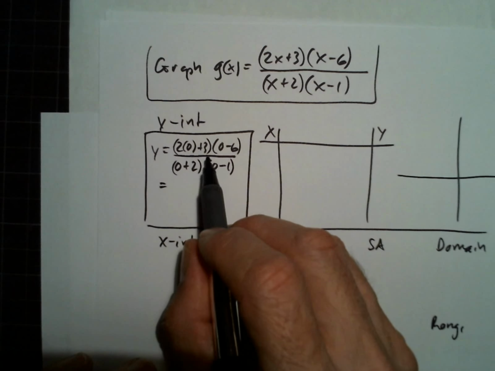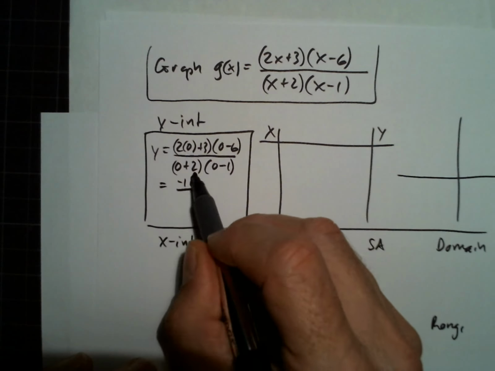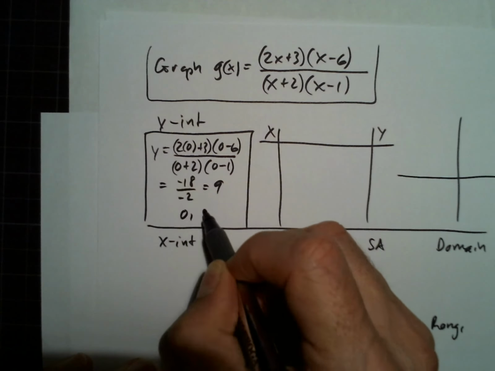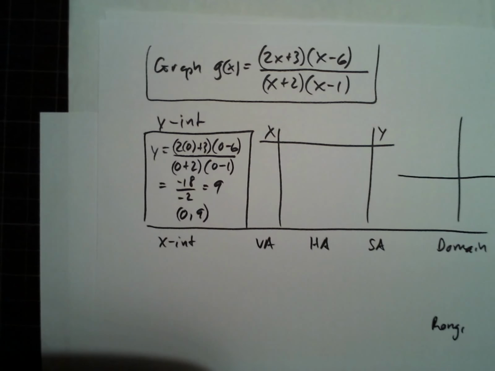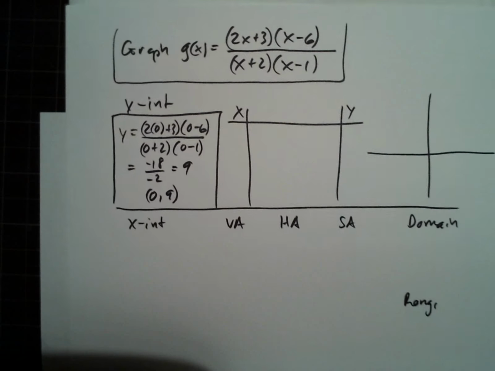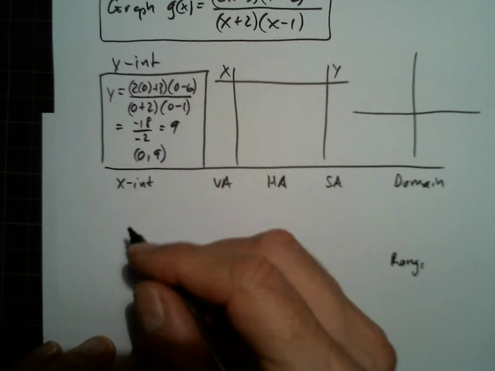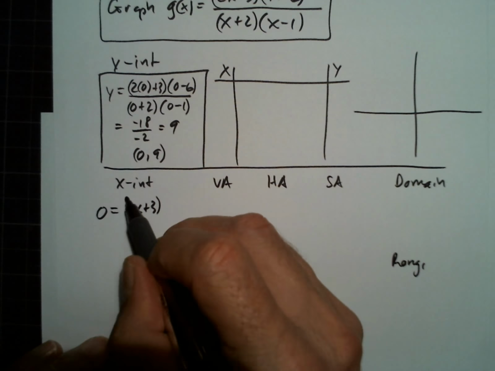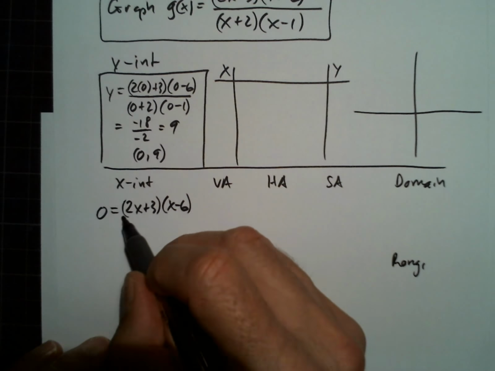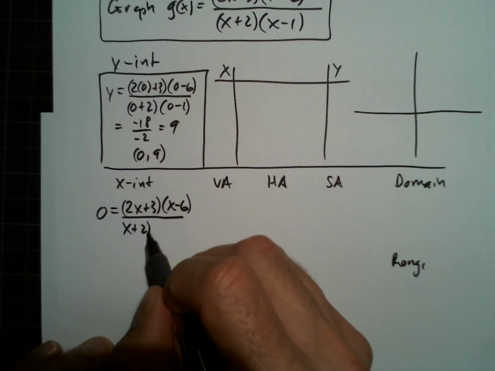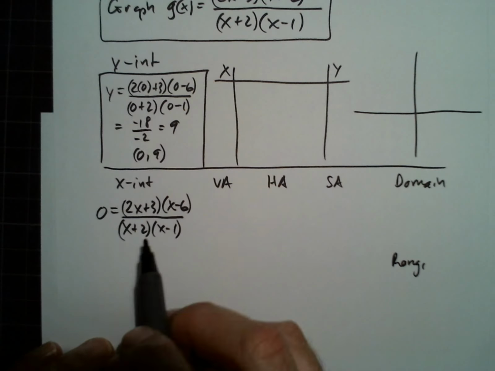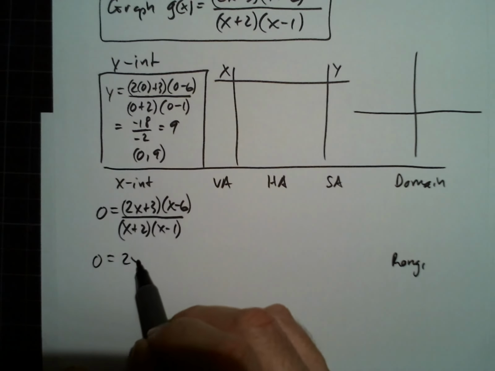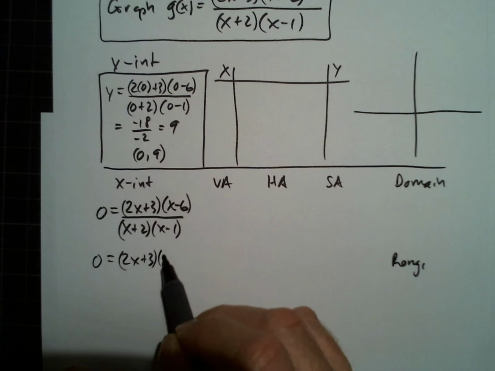Here we'll have 3 times -6, 2 times -1, and we get 9. 0, 9 is the y-intercept. X-intercept is when the y equals 0. Let's multiply both sides by the denominator. So we'll go to 0 is equal to the numerator.